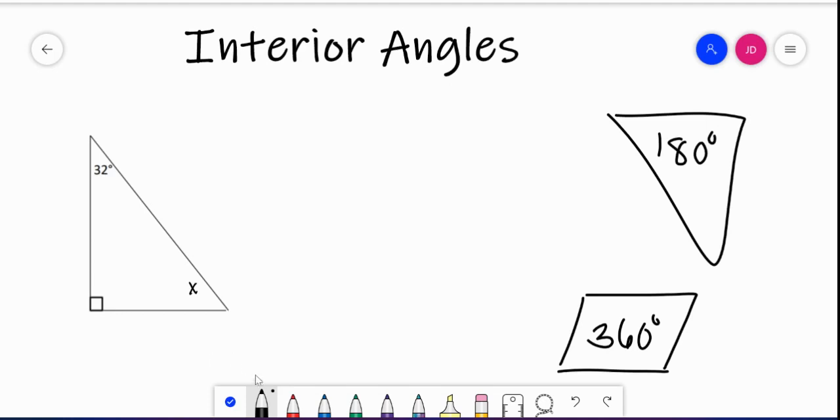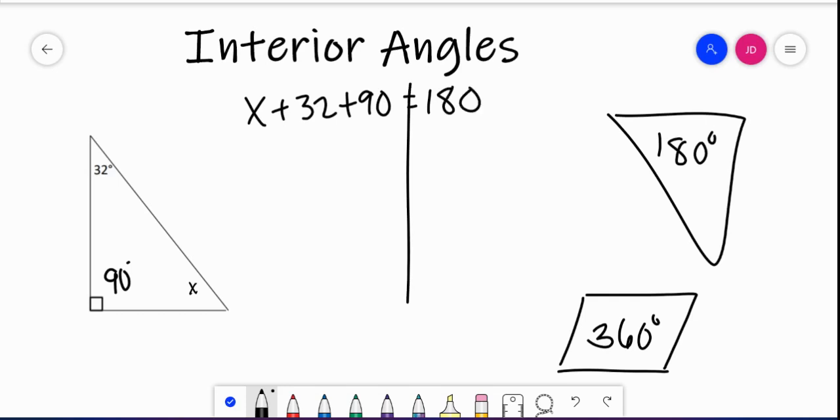All right, so now I'm going to create an equation and solve for x. So to add up all these, remember this box means it's a right angle, it means it's 90 degrees. So when I make my equation, I'm going to do x plus 32 plus 90, which is 180.